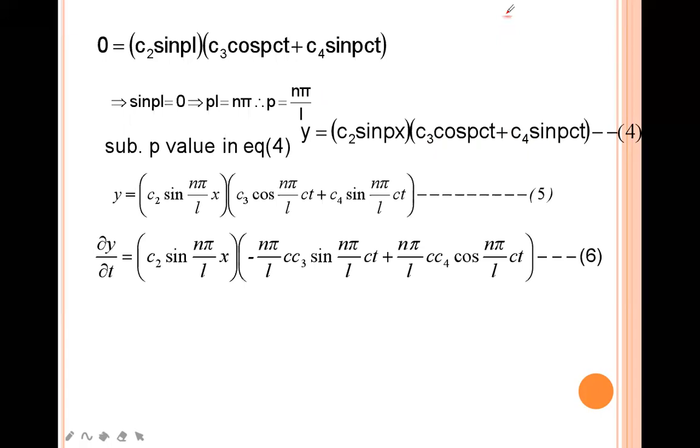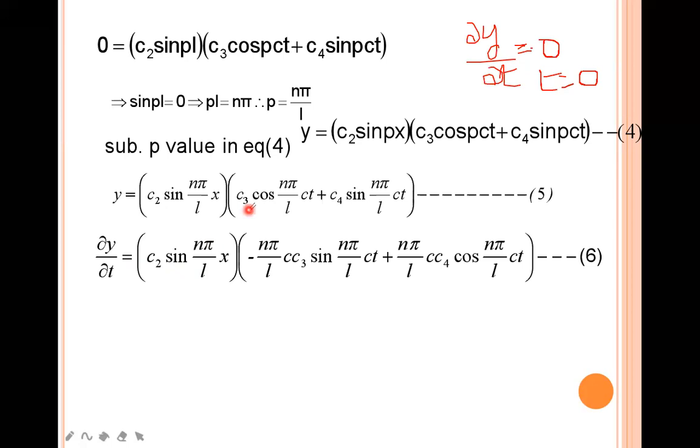Now the third condition is dou y by dou t equal to 0 at t equal to 0. First of all you have to differentiate equation 5 with respect to t partially and put dou y by dou t equal to 0 when t equals 0. This term C2 sin n pi by L x is constant.